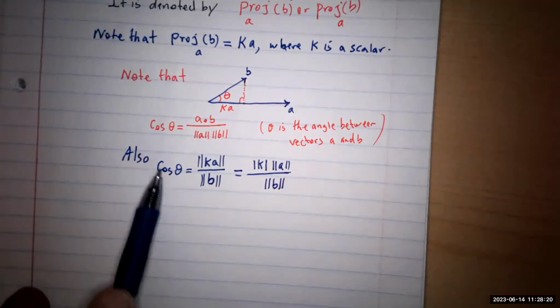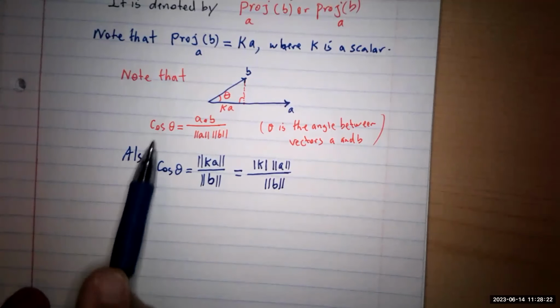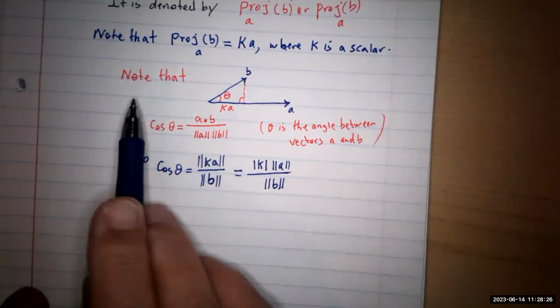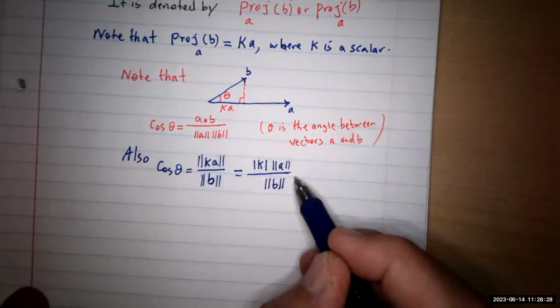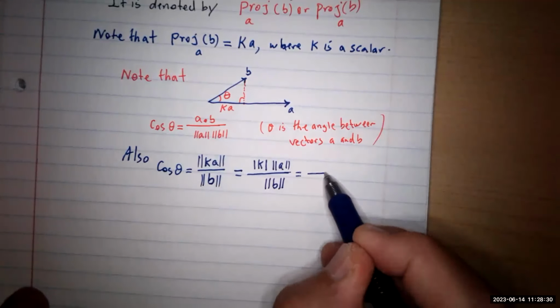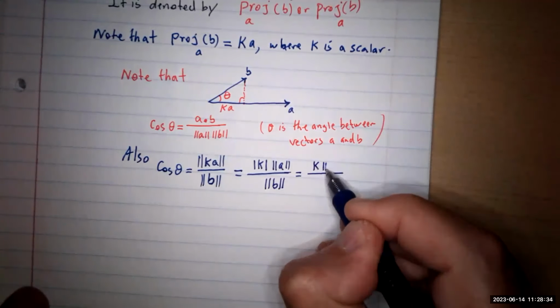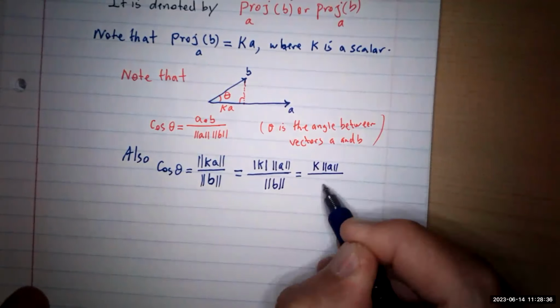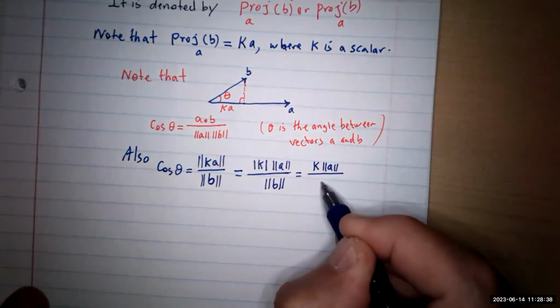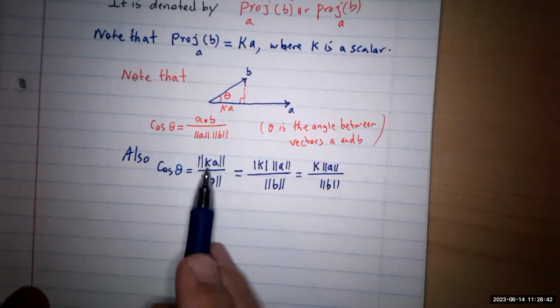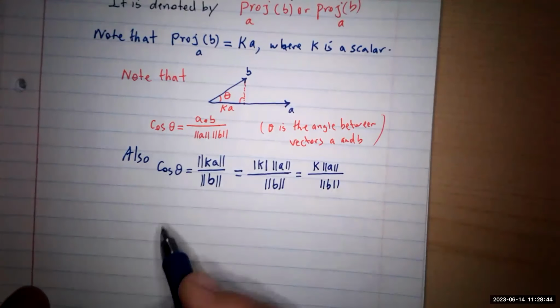So let these two cosines be equal to each other. K is going to be positive, so it doesn't matter really, it's going to be K times the norm of the A over the norm of the B. So connect them together, both of them equal to each other.